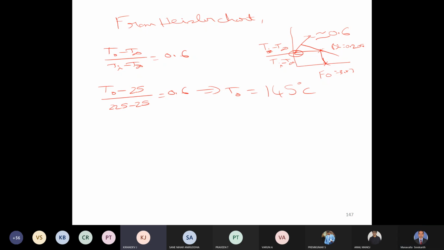So this is the solution for part A. Therefore, the center temperature is 145 degrees Celsius after 2 minutes.